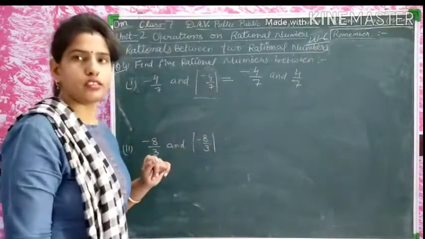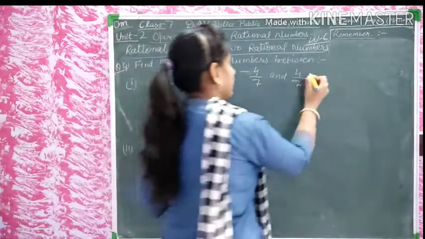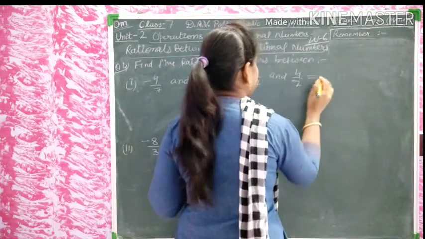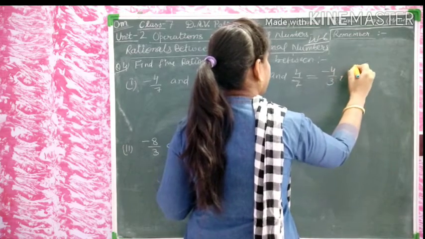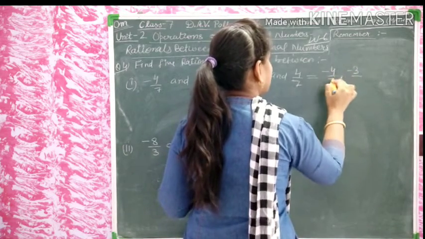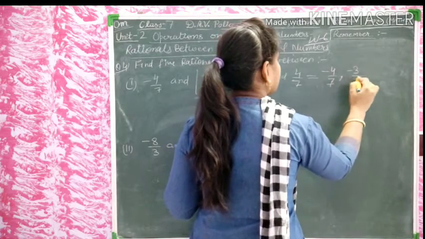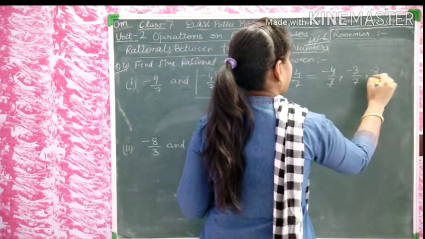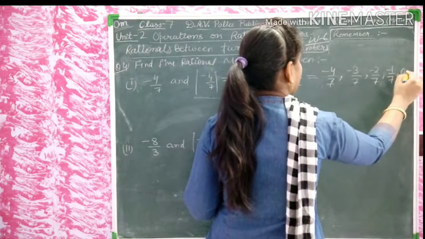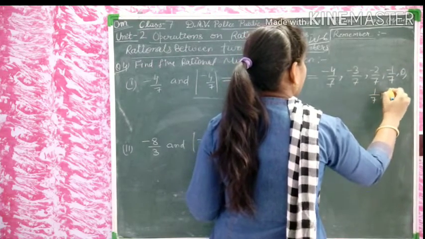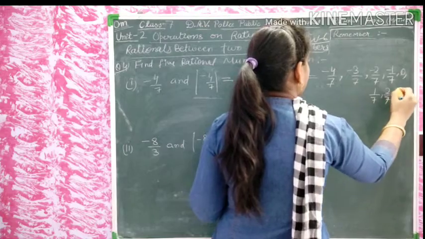Is this clear? So students, between these two numbers we will have minus 4 by 7, minus 3 by 7, minus 2 by 7, minus 1 by 7, and 0 by 7 is 0, and 1 by 7, 2 by 7, 3 by 7.